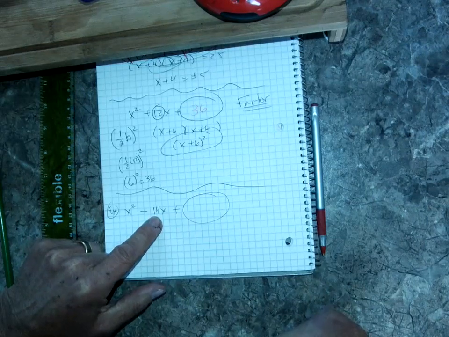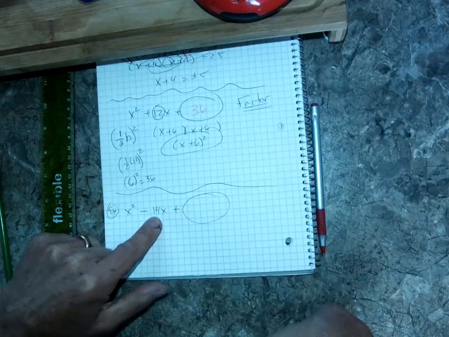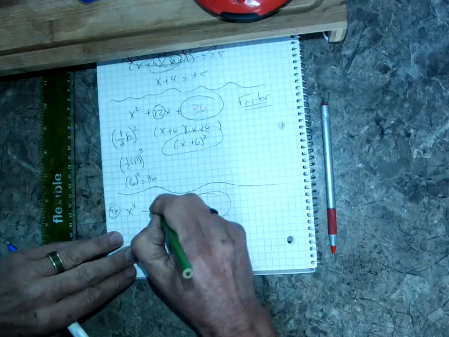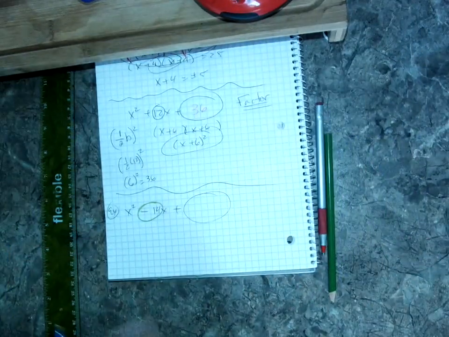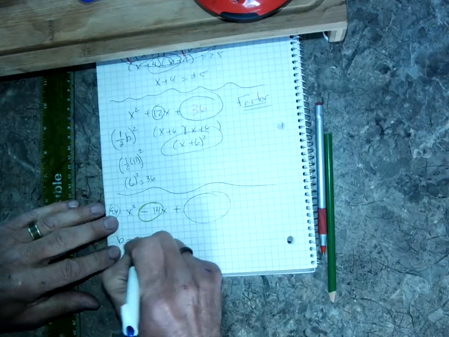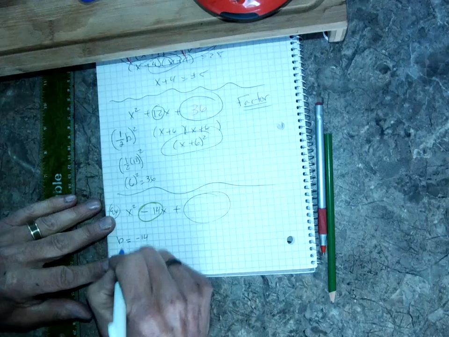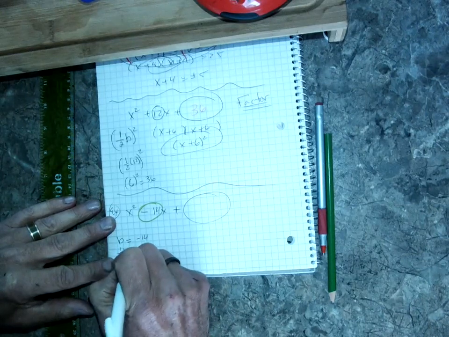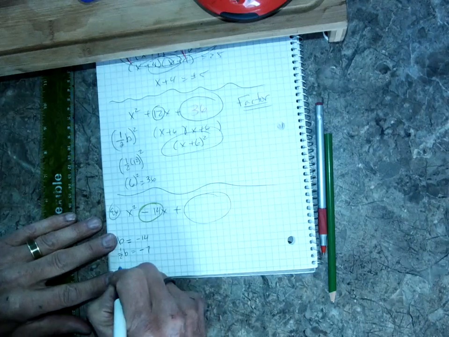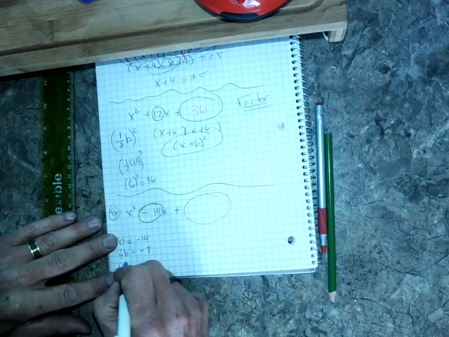Well, it's a negative 7, but then negative 7 squared is a positive 49. So let's do it. Okay, I'm going to just show it. Here's my B. So my B value is negative 14. I'm going to take half of that. Half of 14 is a negative 7. And I'm going to square that answer.